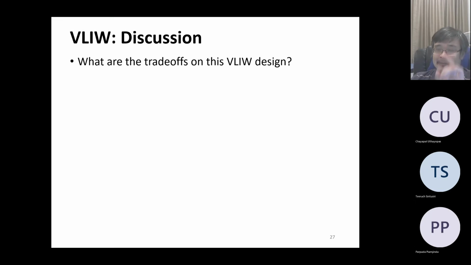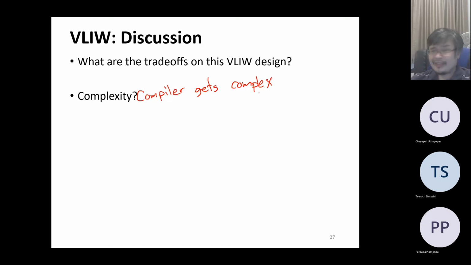If your program allows the compiler to fit all those instructions into that one line, awesome, you get a lot of performance improvement. The complexity is then who designs the compiler. So the compiler gets complex. We are doing much better these days, in 2022, but back in the 1980s, when VLIW was introduced, this was a really, really hard problem.